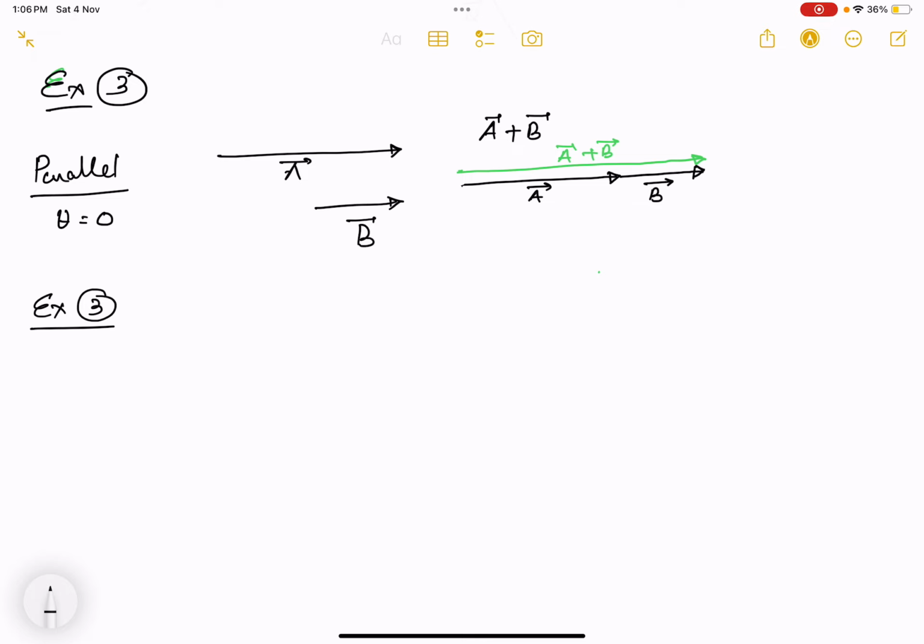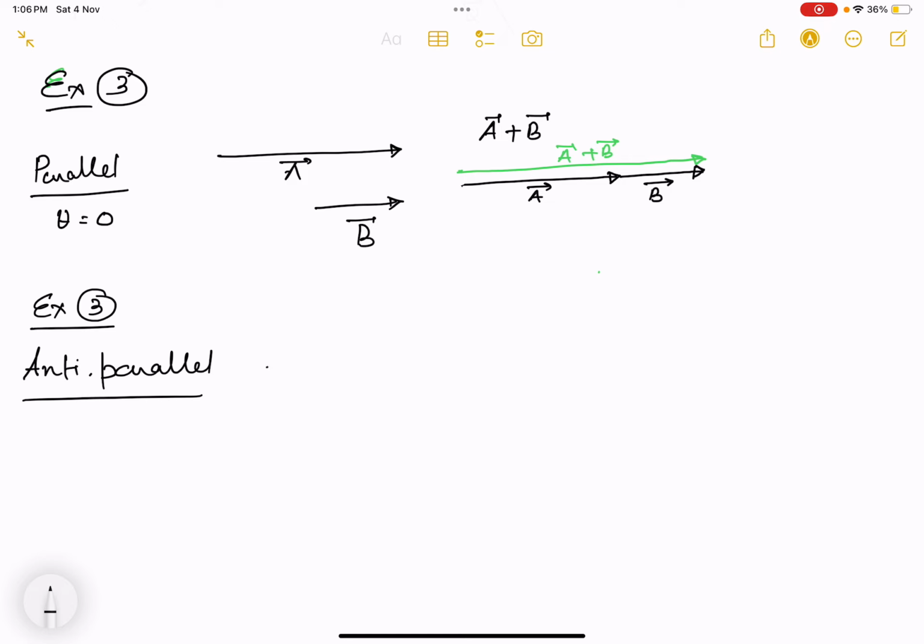This is parallel, same direction. The parallel but opposite direction, they are called anti-parallel. What do we call them? Anti. Anti means ulta. Anti-parallel.